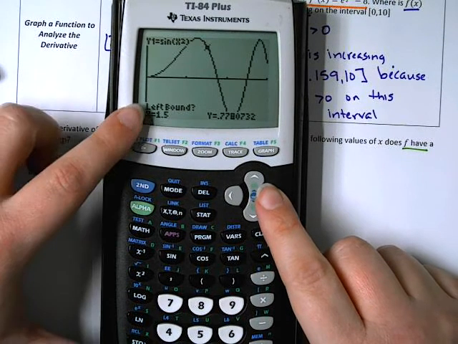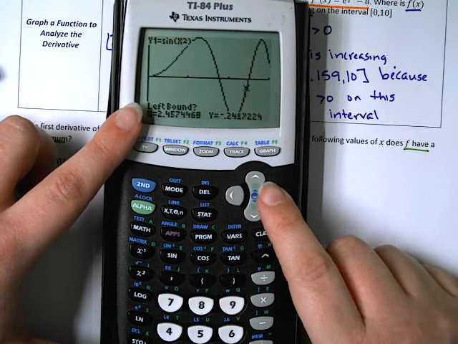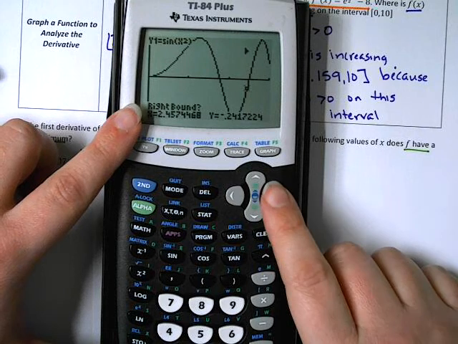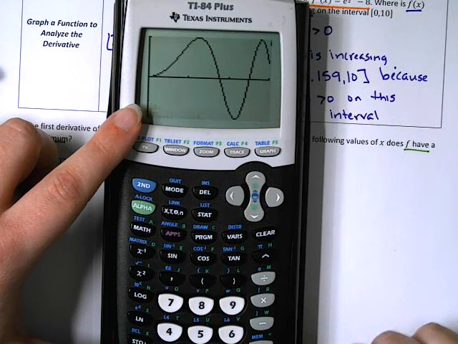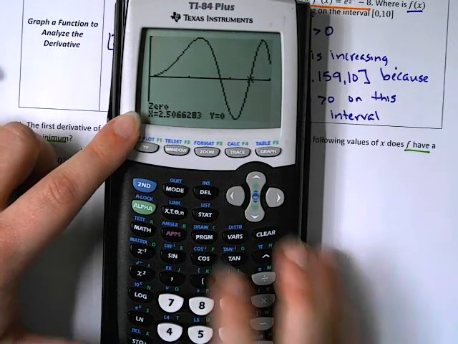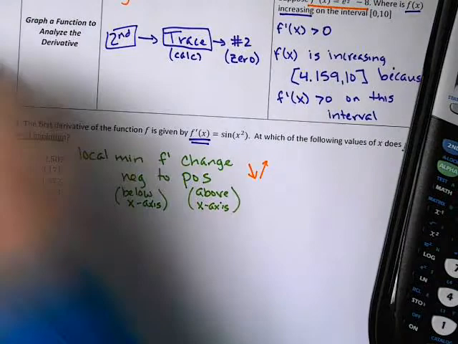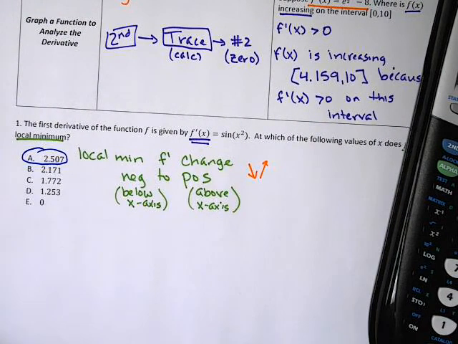And I need to be on the left side of that 0, so we need to scroll over. And we're going to hit enter. And then we want the right bound, so go above it and hit enter. And we have a 0 at 2.507, which is actually option A. So we're good.